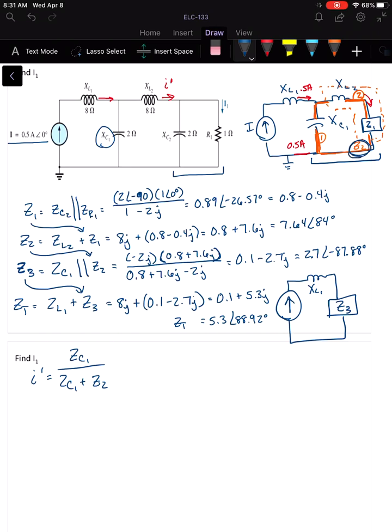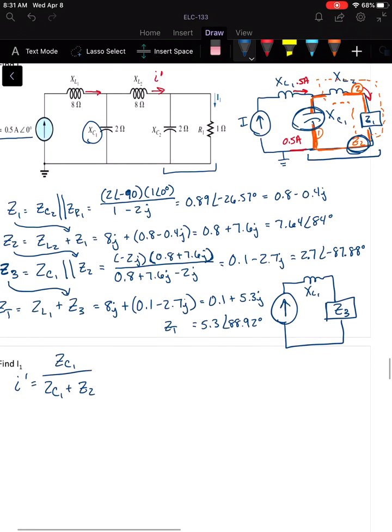Remember over here, this was Z2 for this branch, and this is ZC1 for this branch, so that's why I'm using those two. Those are the impedances of my current divider. And then I'm going to multiply by the 0.5 amps coming in, and that's at 0 degrees, so I'm just leaving off the 0.